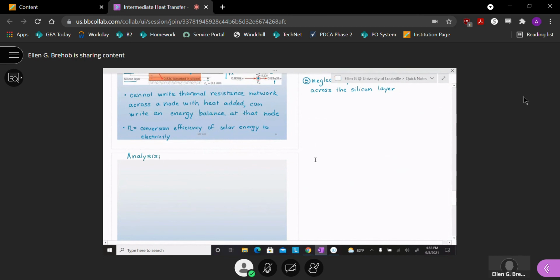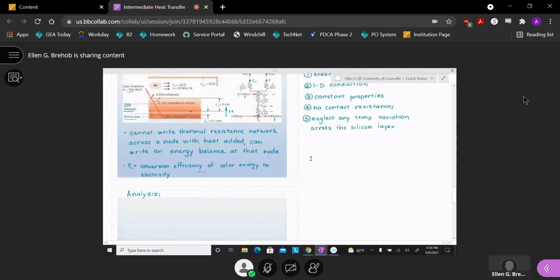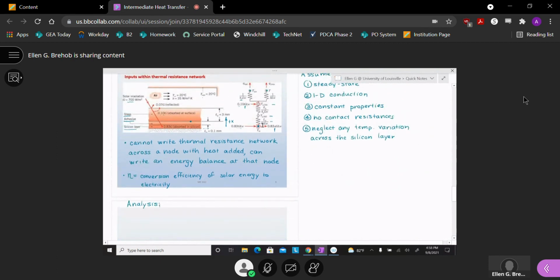And it takes a little bit of thought to think this through, but you know, we could pick different nodes that won't end up working, but I'm going to show you 2 nodes that give me a solvable system of equations. I want to start first with an energy balance on the bottom node, so the silicon surface.